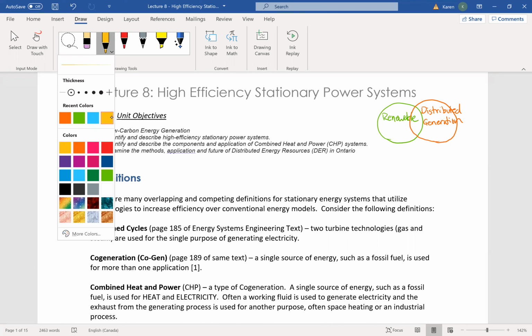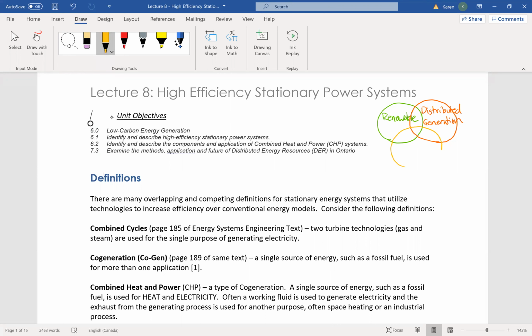And then within, if we were drawing this as a Venn diagram, then you would see we sort of have overlapping definitions, and the major technology we're about to learn this week and next is CHP, combined heat and power.